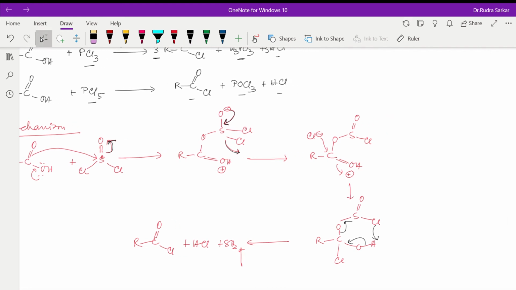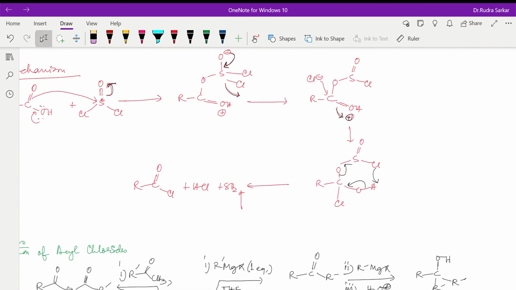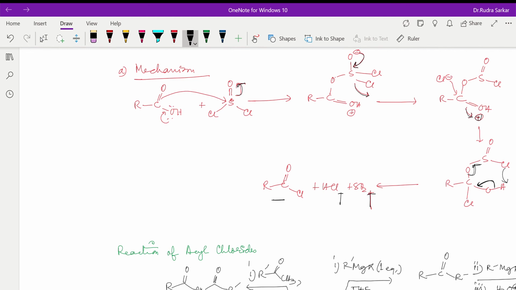Now the Cl that left can attack the carbon. This bond opens up so that the plus charge is neutralized. Such a Cl can now attack the HCl. The bond can close over here to make a double bond, and this will act as a leaving group, leading to the formation of SO2 gas and HCl, which is also volatile, and your product is RCOCl.